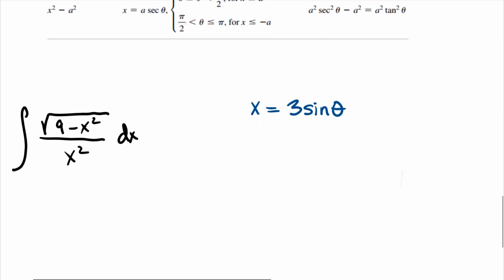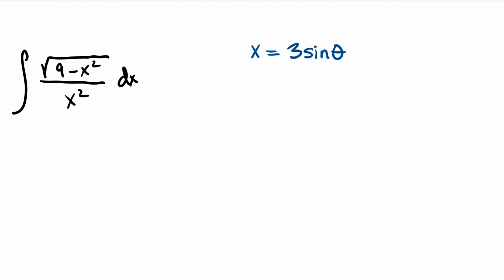If your trig wasn't good before, you're going to have no choice at this point. Now, just like we did with u subs, we need to take a derivative, dx. We're just going to replace it with whatever our derivative is, and it's 3 cosine of theta d theta. Okay, let's go. Let's sub it in and see what we get.